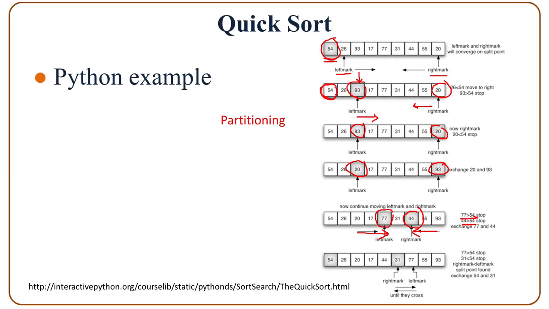So here we exchange, we switch the two elements. And we get to this. Now we keep moving the left mark to the right and the right mark to the left until they cross each other.